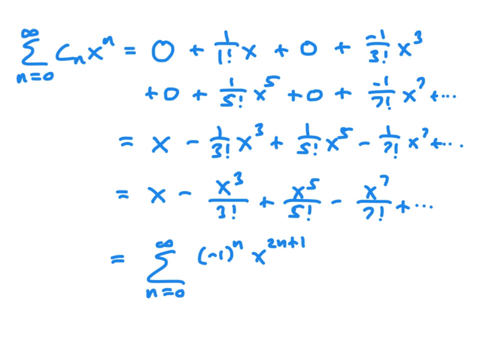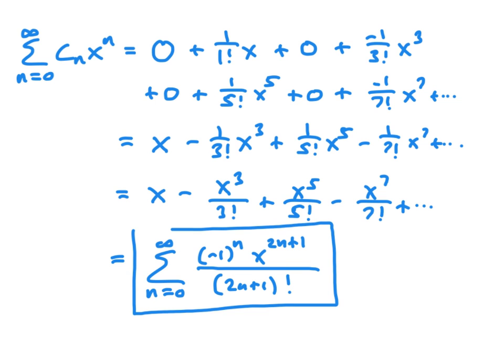This will guarantee that the only exponents in our series are odd exponents, since we have x to the 1st, x cubed, x to the 5th, and so on. And the denominator is just the exponent factorial, and so in this case, 2n plus 1 quantity factorial. And so here is a compact form for the Maclaurin series for the function sine of x.